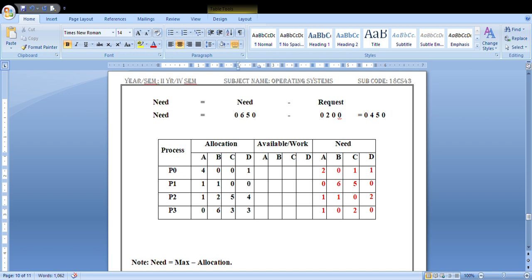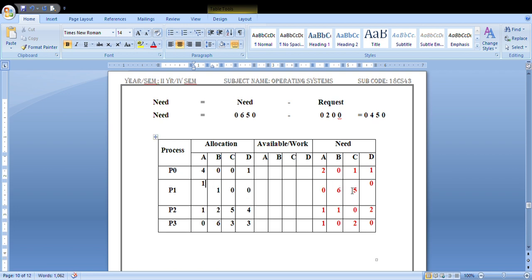1100. This is the allocation value, the previous allocation values. So here, for the P1 process, you are going to change the values which you have obtained or calculated using these formulas.